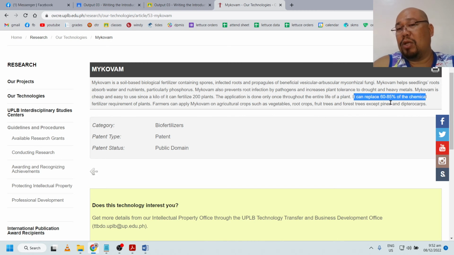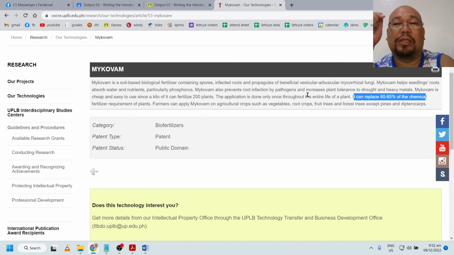See? So what you will do is replace, you add only part. So probably in your methods, take note of this, what you will do is have the soil analyzed, then ask for a recommendation.